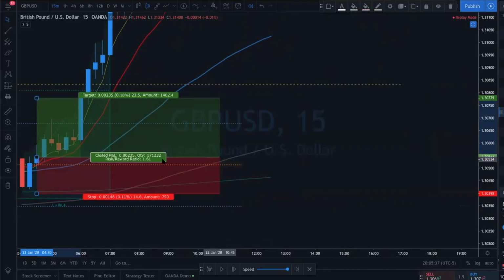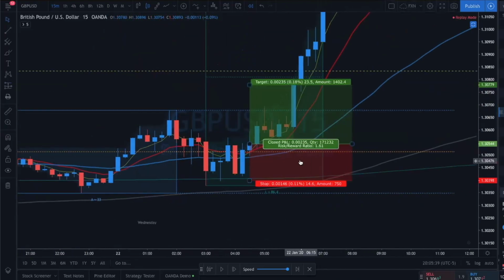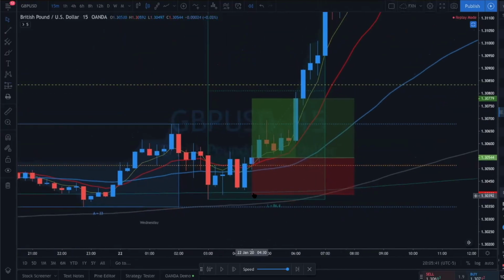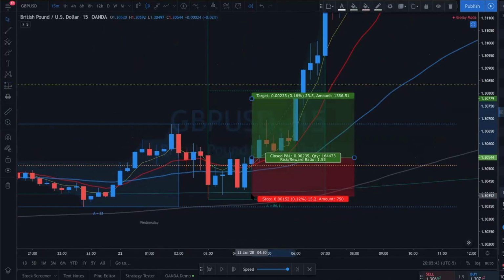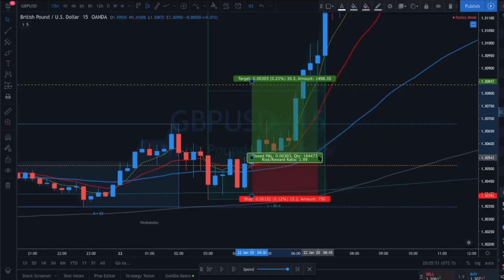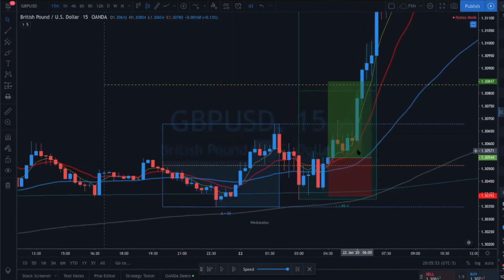So like this. You can start out at 15 pips, and then you can move this up to, let's say, 30 pips. In this example, anything that you can use to help you get to a take profit point would be great.